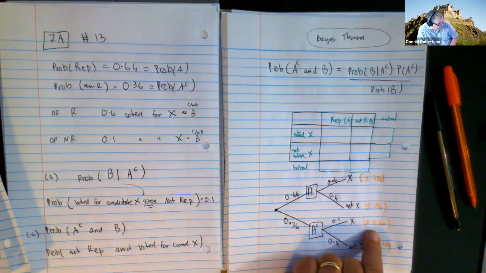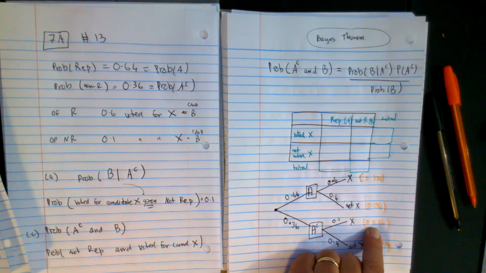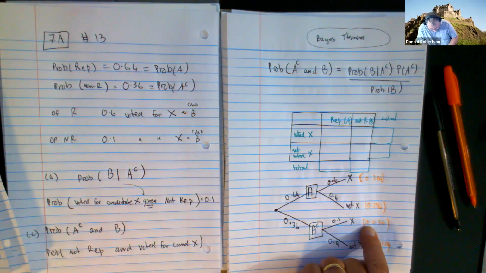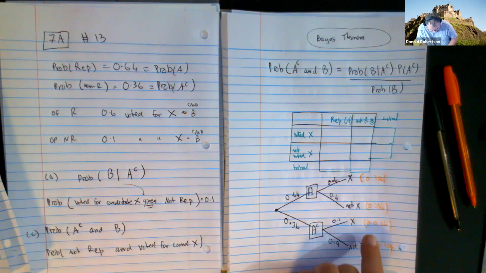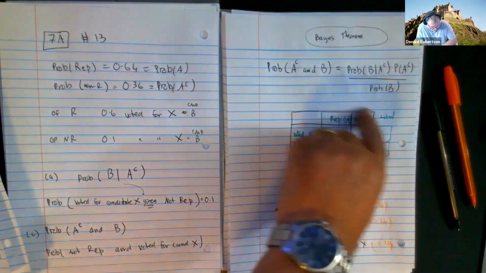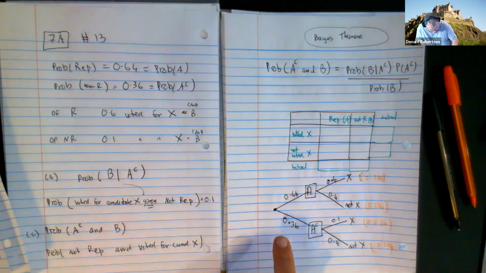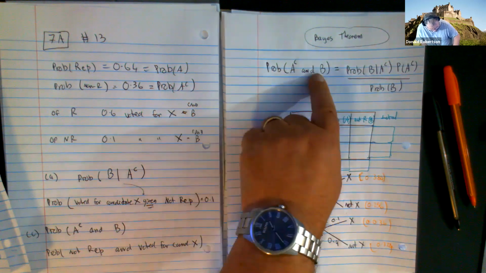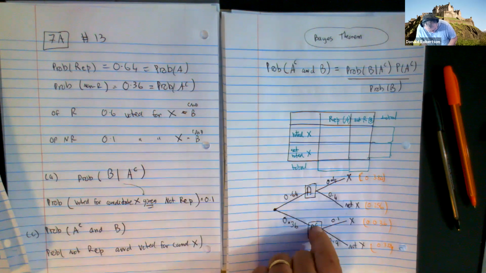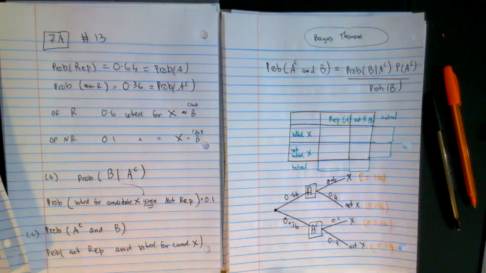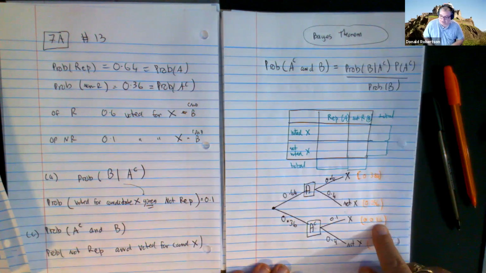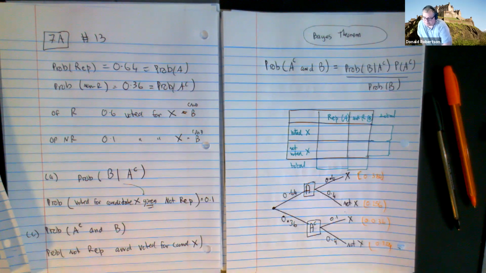And the answer is 0.036. I don't even need that table now. So the probability of A complement followed by B comes out as 0.036. Do you want to check it out? See if we get a green check mark.